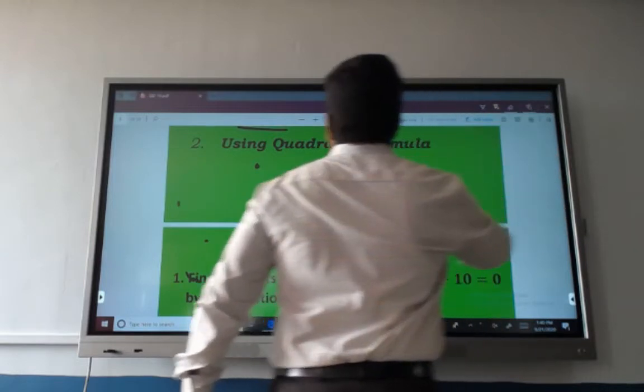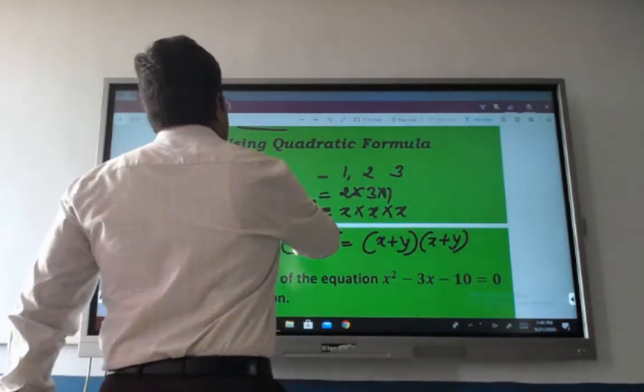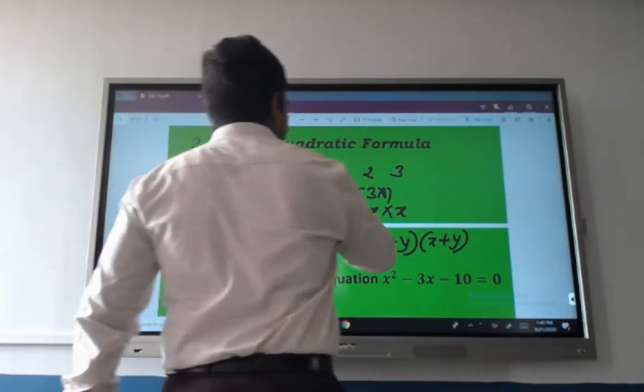Next is the quadratic formula. We are going to use the formula directly.